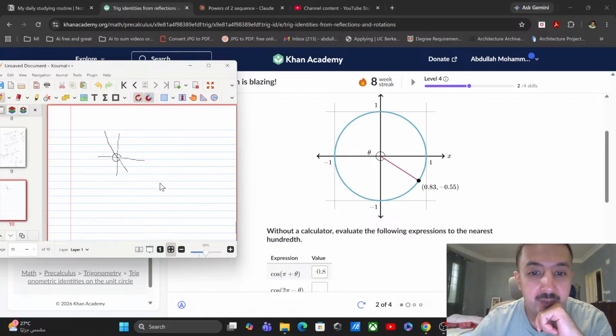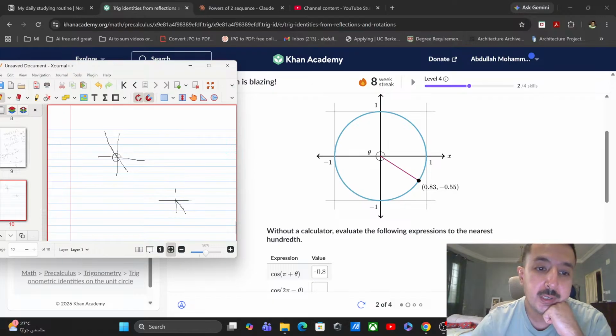But what we're having is 2 pi minus the theta. So 2 pi is going to go 1 pi here, and then 1 pi here again.